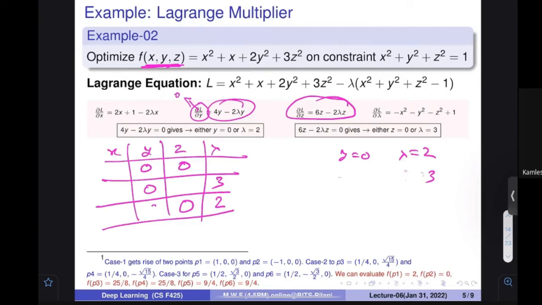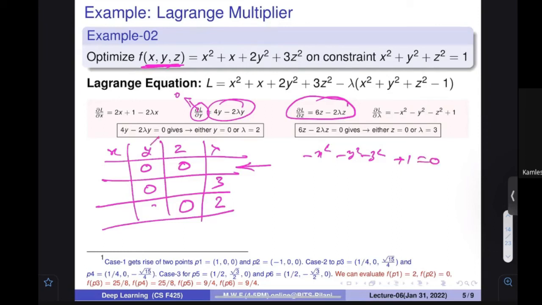Okay, so let us further solve this to find out something useful. Pick the case where y and z are equal to 0. Put this into the third equation. Where is the third equation? This equation: x square minus y square minus z square plus 1 is equal to 0.